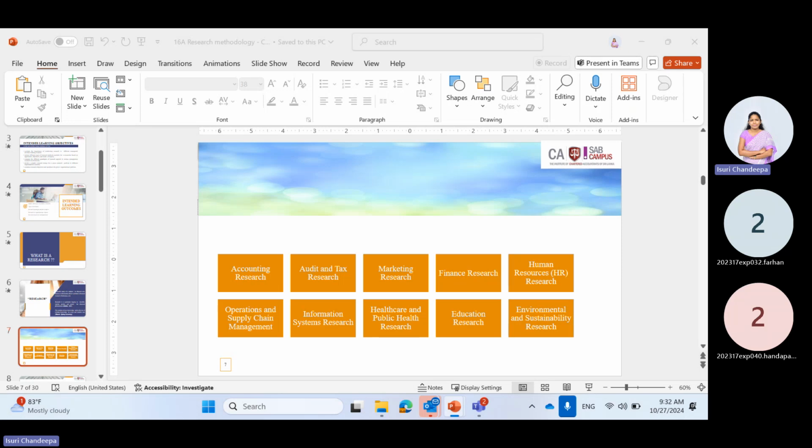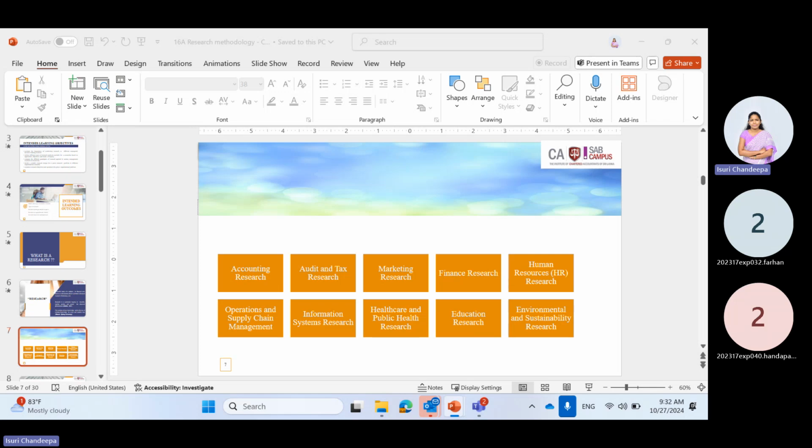Good. What else? ERP systems. How the implementation of ERP system is impacting organizational efficiency. Performance. What else?